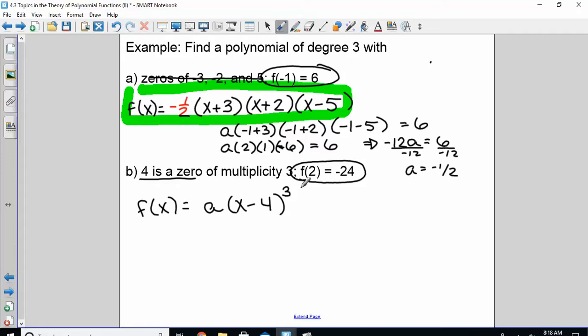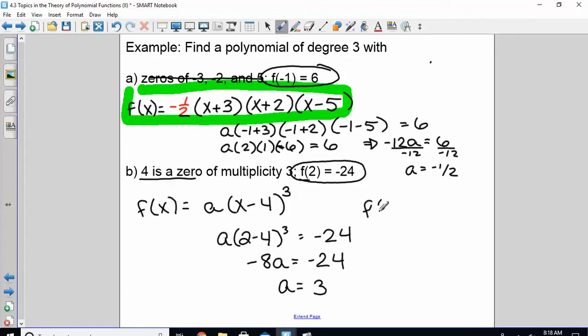We have to find that. When my x is 2, this equals negative 24. So 2 minus 4 is negative 2. Negative 2 to the third is negative 8. Divide by negative 8, and our A value is 3. So our polynomial is 3 times x minus 4 cubed.